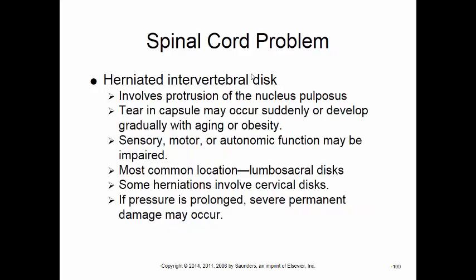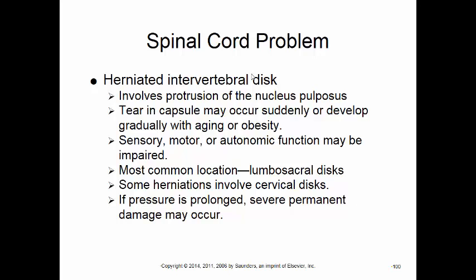Okay. Then we go to another spinal issue, herniated intervertebral discs. These are the discs that are in between the two vertebrae, and they act as cushion. So what happens is there's a protrusion of that disc, the nucleus pulposus of that disc.